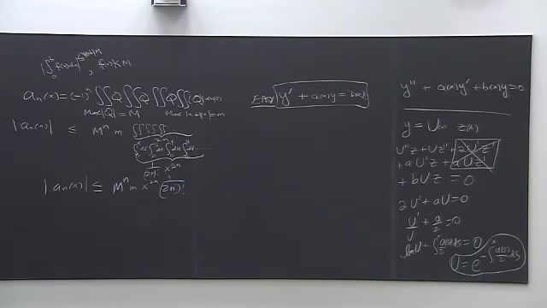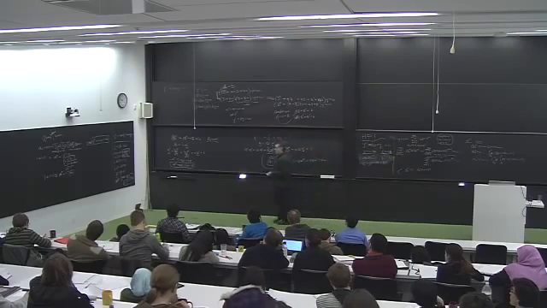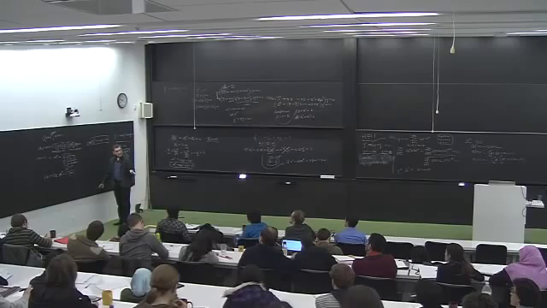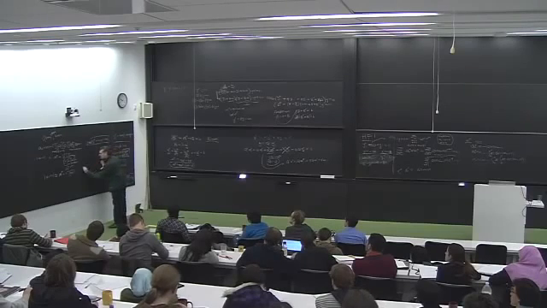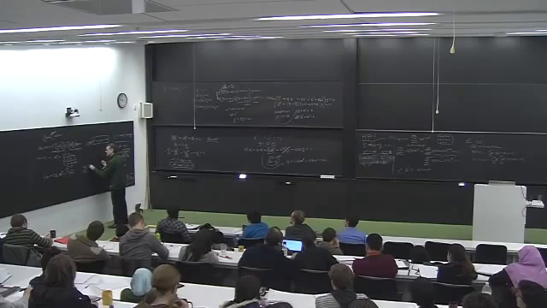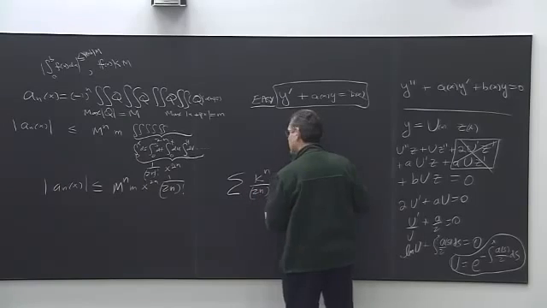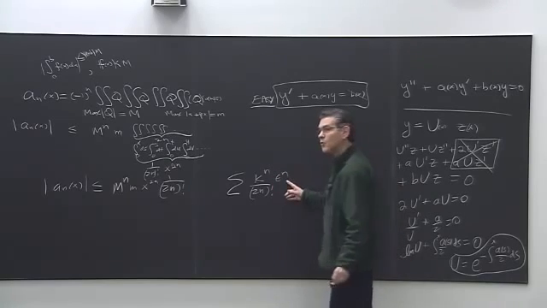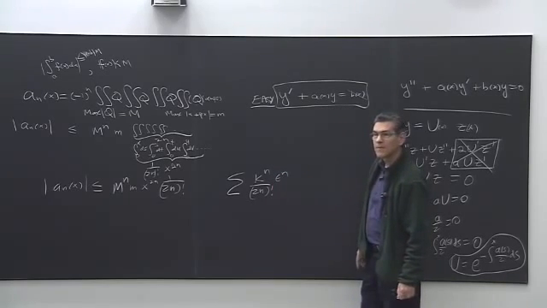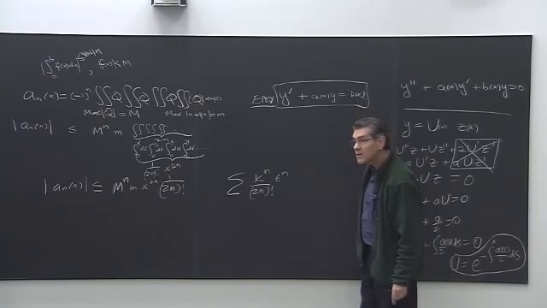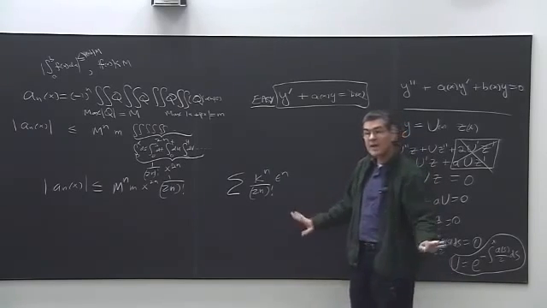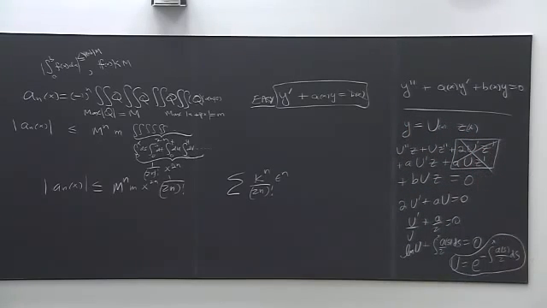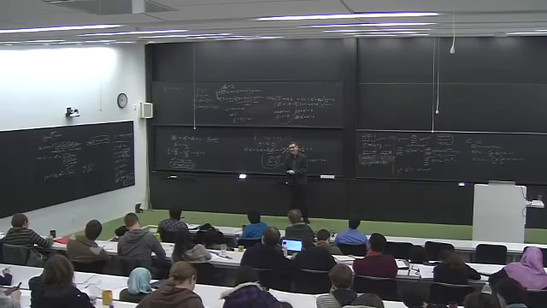This perturbation series converges no slower than the series some constant to the n over 2n factorial, times epsilon to the n. So what's the radius of convergence? Infinity. It converges for any epsilon. Boy, are we powerful. We can do anything. Do you see that?